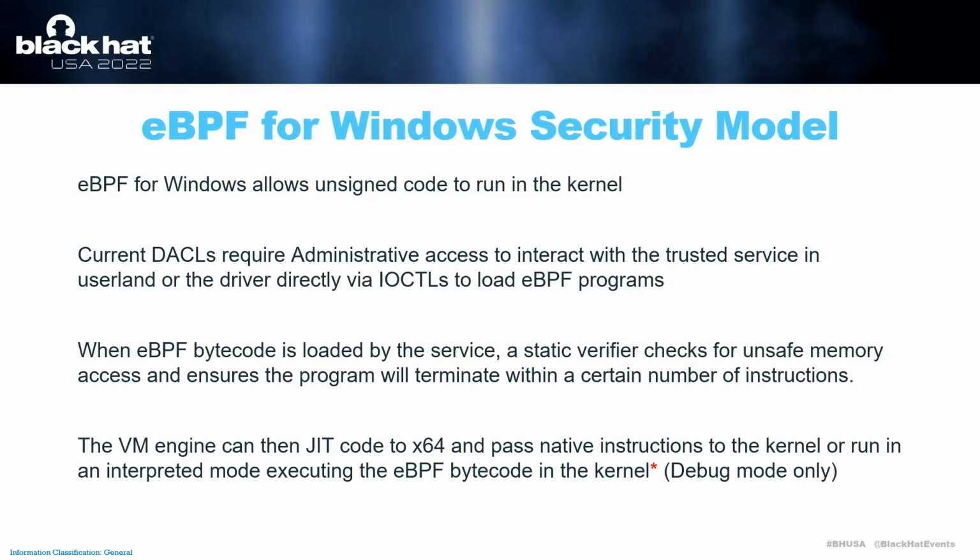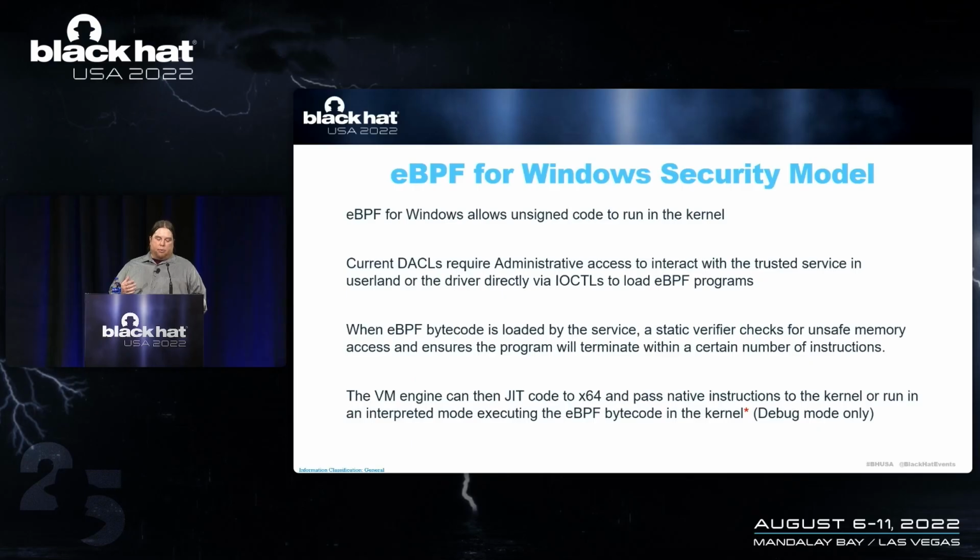Now, the implementation of Windows eBPF, we're very early on the curve here. As I mentioned, there's no function pointer hooks, and there's just basic networking. And because of that, the DACLs that are on access to the kernel object or to the APIs themselves through RPC are restricted to administrator.